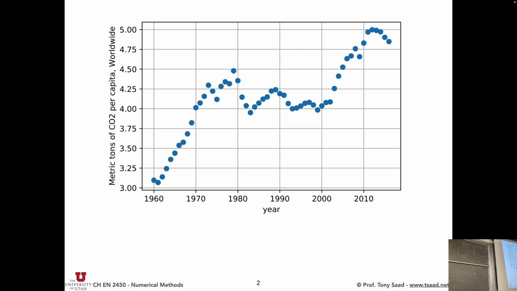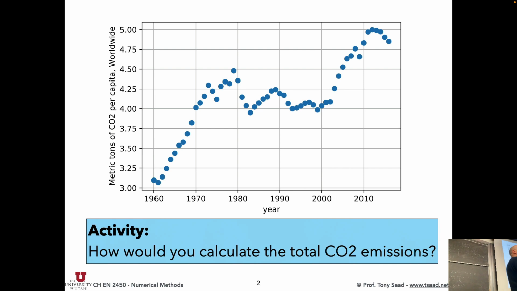And versus year, so at each year, there's one data point, 1960, 1961, 62, all the way to about 2015, I think. Now, suppose you want to calculate the total amount of CO2 emissions throughout all of these data. So integrate the whole thing.